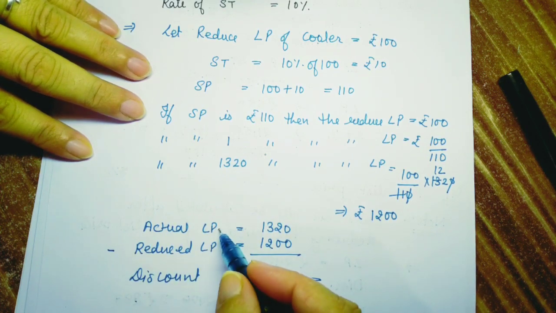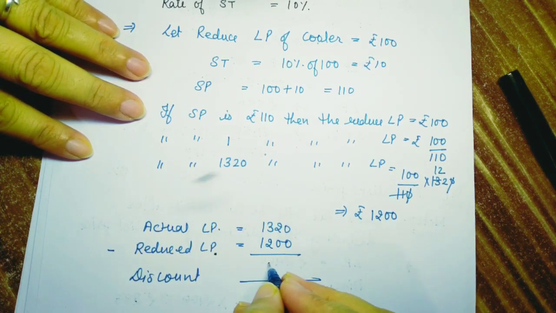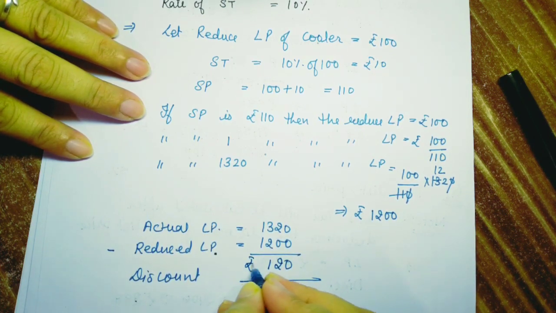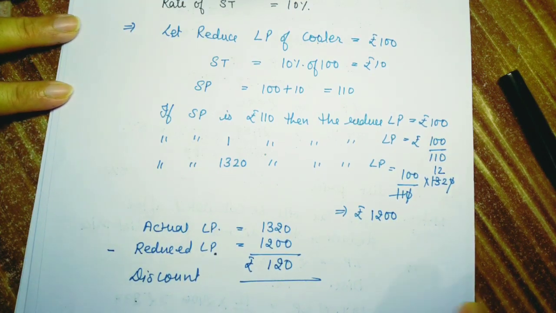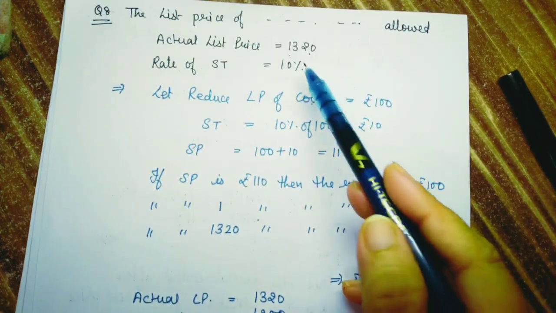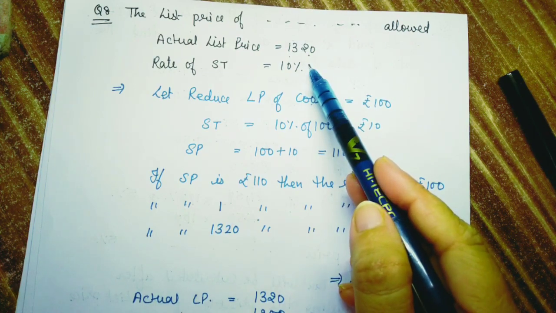So actual price subtract reduced list price, then the discount amount is rupees 120. That means rupees 120 discount is given by the shopkeeper to the customer. In that case, the selling price and the list price will remain the same.